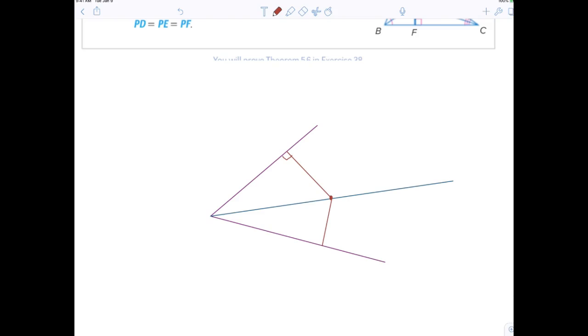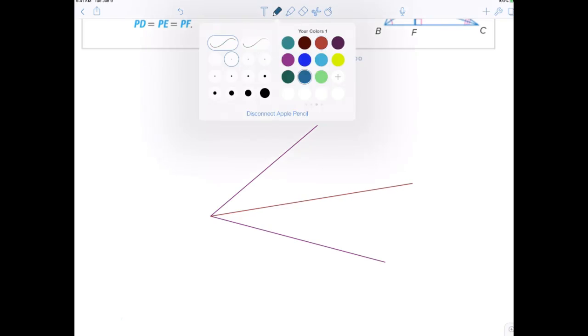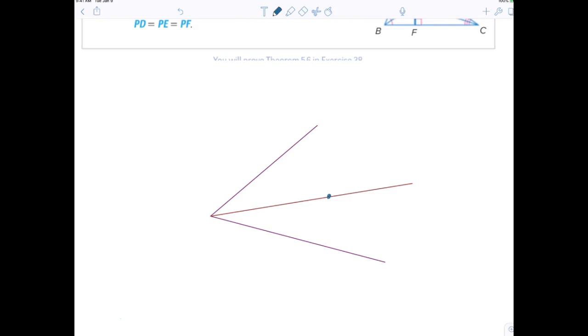I should have done a better job. I'm going to do a better job because I just can't stand it when it's that bad. All right, maybe that's a little better. We'll try again. Try this dot right here. I try to draw a perpendicular down here. Still not very good.